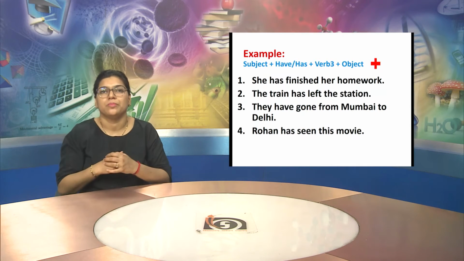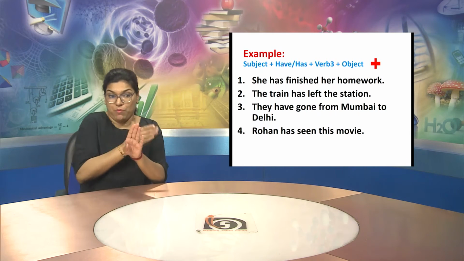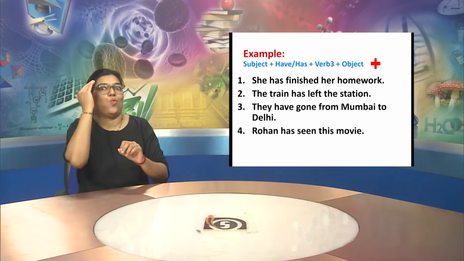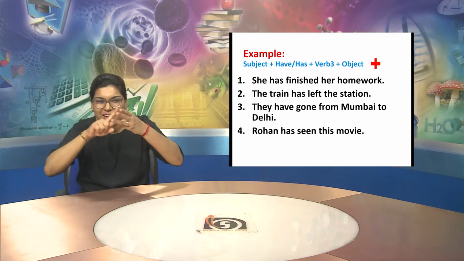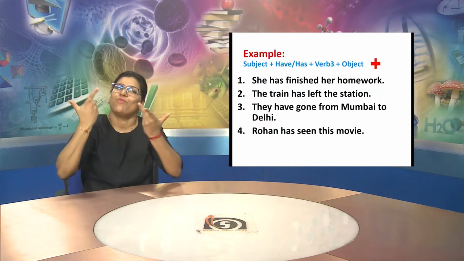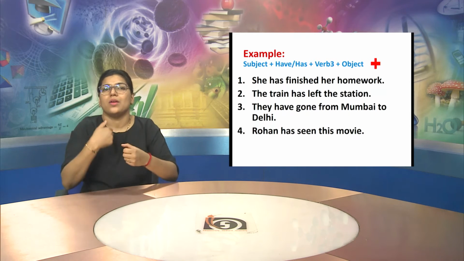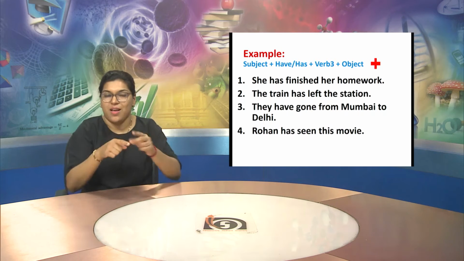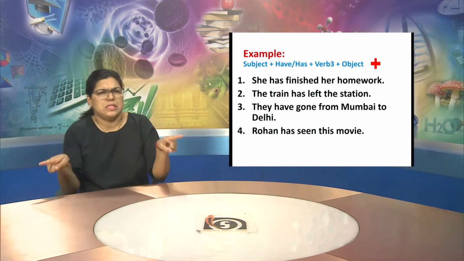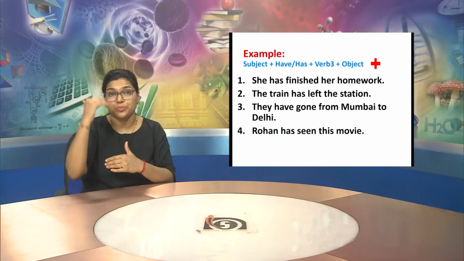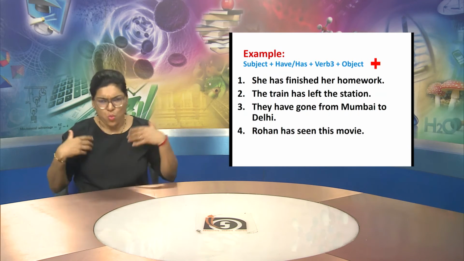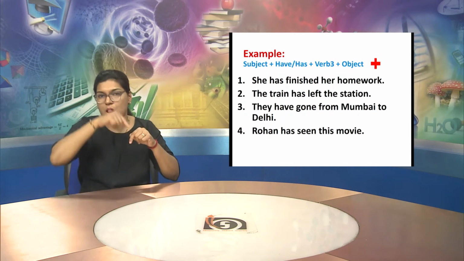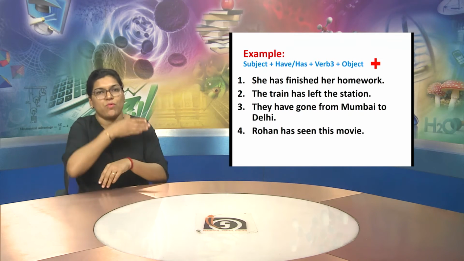The second statement indicates the train has left the station. See the word left. Left means something which has happened earlier. In sign language, we will just use a different sign, but in English grammar, we will use the third form of verb. And the third sentence is, they have gone from Mumbai to Delhi.